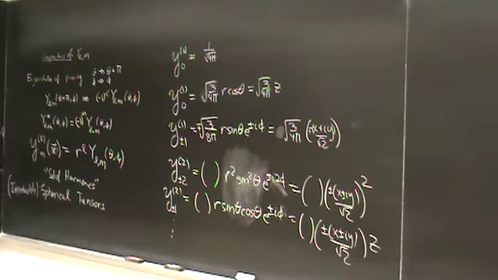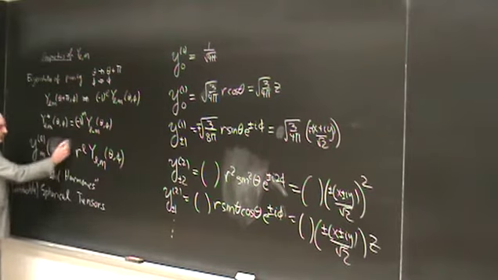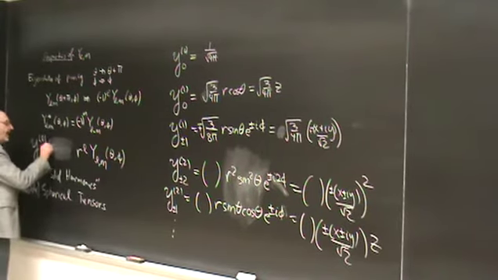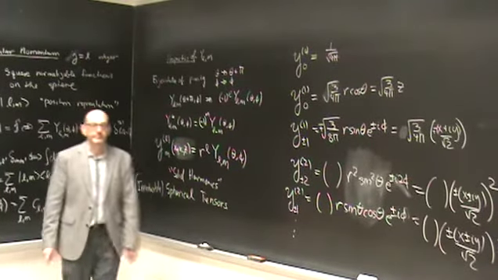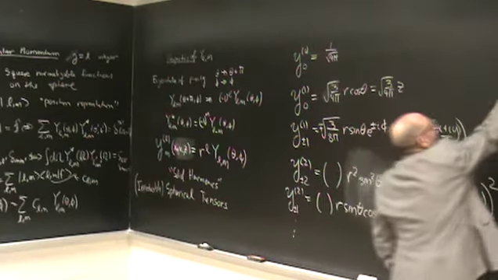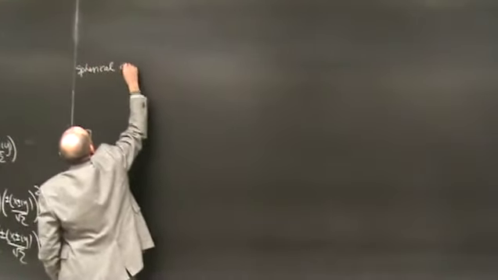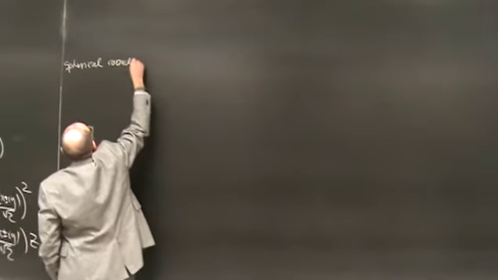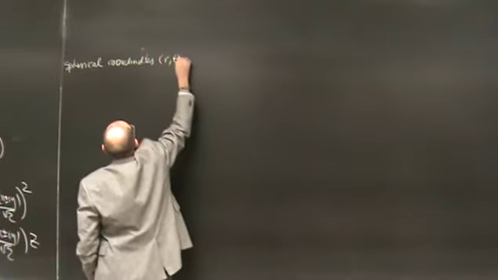So, what we see here is that I can think about these functions as polynomials in three variables: x plus, x minus, and z. Okay? So we have spherical coordinates r, theta, phi.